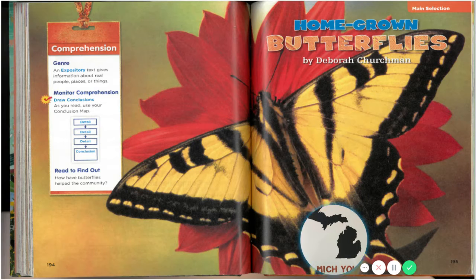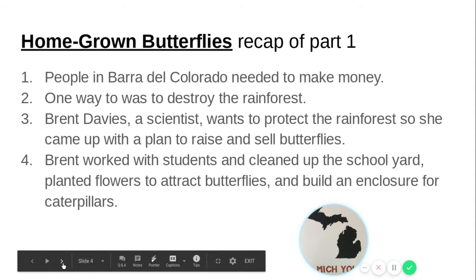So it helps us formulate an opinion because it's giving us factual information, and it helps us also draw a conclusion about what did this take, what kind of people did this, and what benefit was it for everyone. Okay, a lot of things this week: details, conclusions, and then just the basic thing of informational expository text.